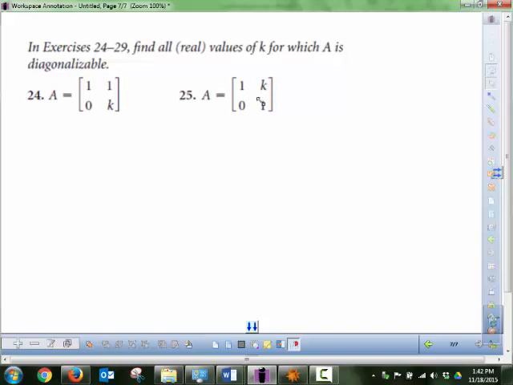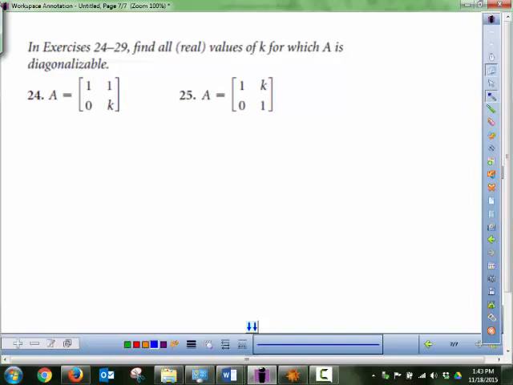You have to treat k differently from how we saw k in the previous problem. But let's see how we can approach this. And remember, for it to be diagonalizable, we have to find the eigenvalues, and we have to find two linearly independent eigenvectors that would work.